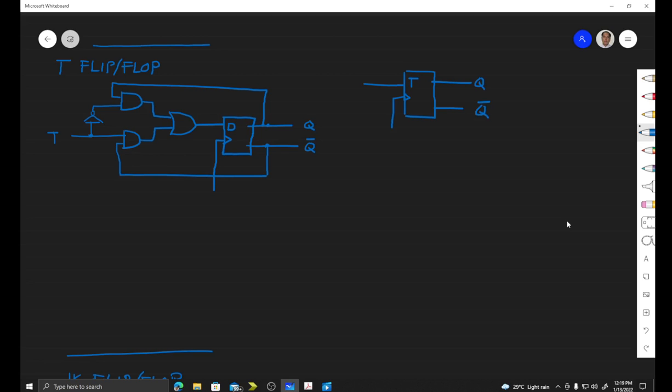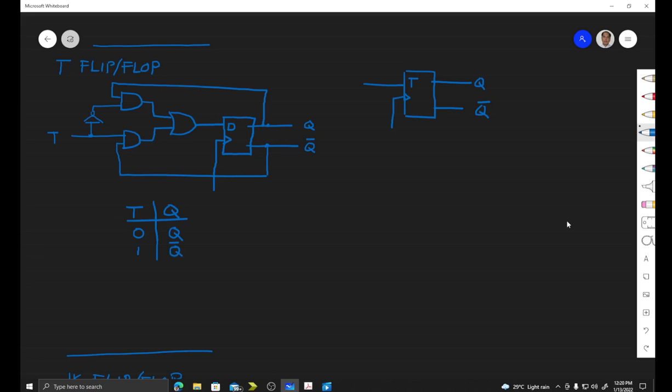For the T flip-flop, we have the T input and our state Q. Suppose our input is 0, the output Q is still Q. If our input T is 1, that gives us its complement.